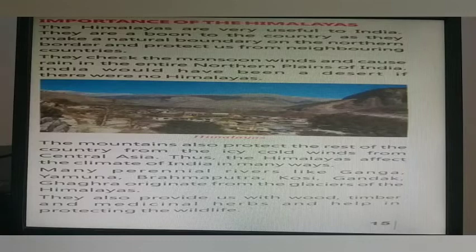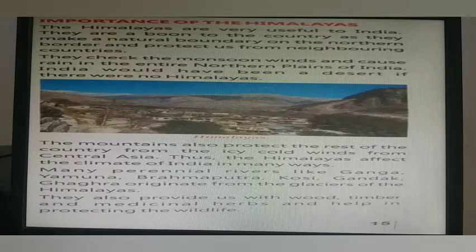There are dense forests up to an altitude of 1500 meters. A rich variety of vegetation and wildlife are found in these forests. That is why wildlife sanctuaries and national parks like Manas, Kaziranga and Jim Corbett are located on the slopes of Himalaya.